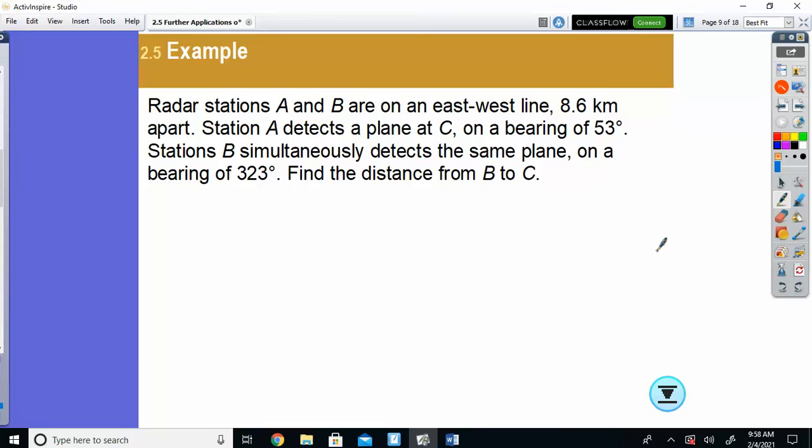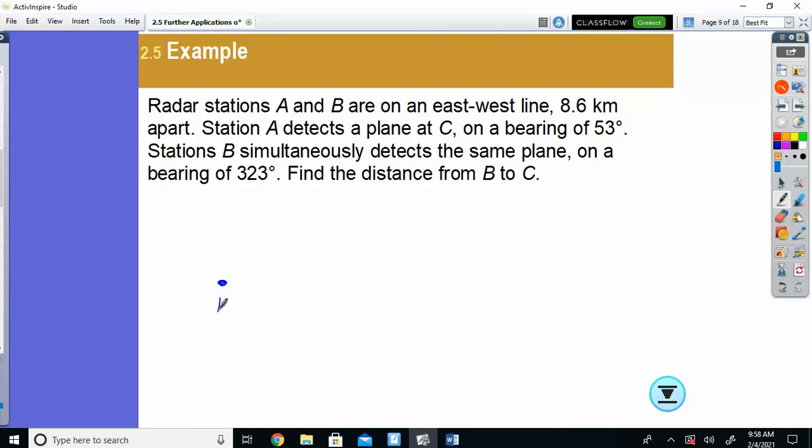So we are just going to jump right in with word problems today. We'll just practice some today, we'll do a few tomorrow, and just try to get used to it. The key is drawing a picture as you go along. So radar stations A and B are on an east-west line, 8.6 kilometers apart.